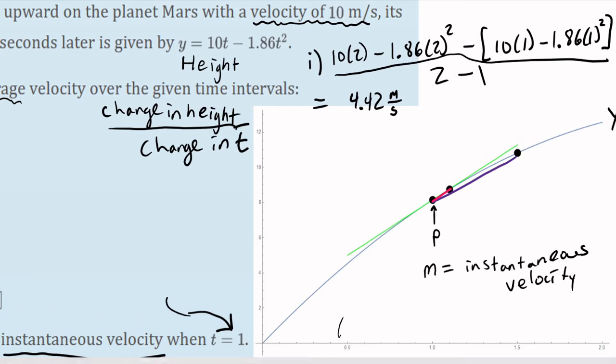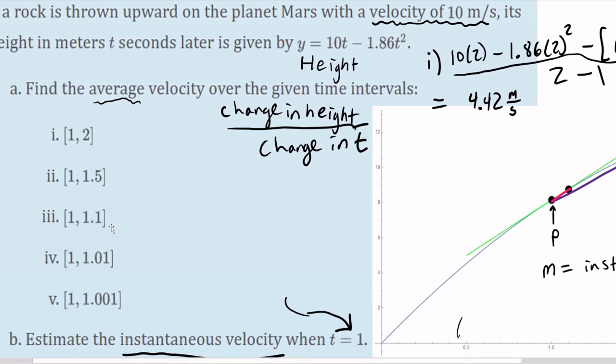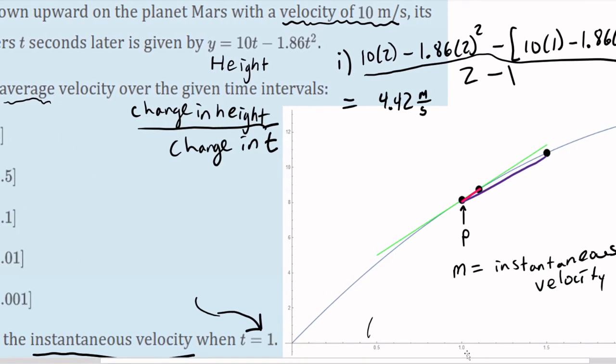And so that's this calculation right here. This does a much better job approximating the true instantaneous velocity than this one does. And if I keep getting closer and closer and keep bringing this dot in, I'm going to get a better and better approximation to this instantaneous velocity.